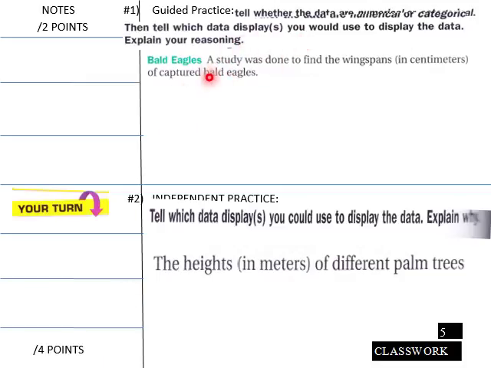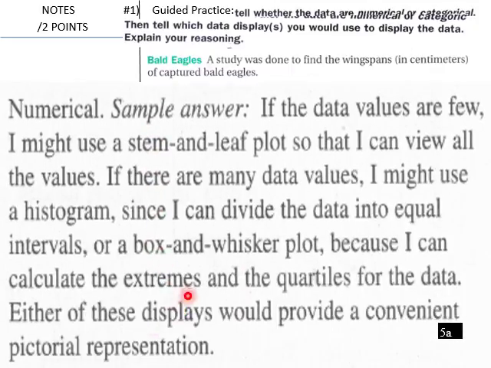Which type of data display should we use for this now? Bald eagles, to find the wingspans in centimeters of captured bald eagles. For that one, students, this is yours. So which would be your best data display for bald eagles? We're going to go into that. If data values are few, one might use a stem and leaf. If there are many, you might use a histogram.